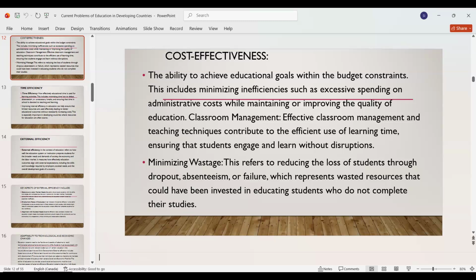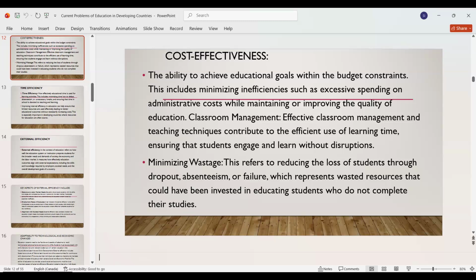So here, dropouts. In the state schools, they are paying very small amounts of fees, right? Even the books are free, and uniform is free.